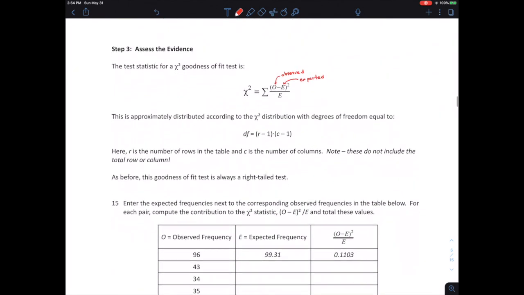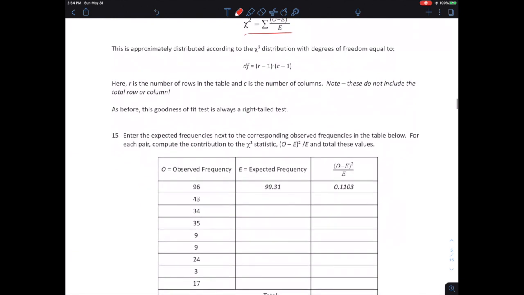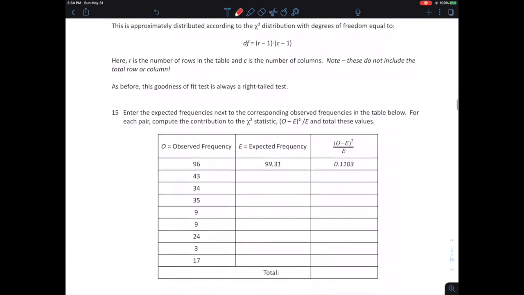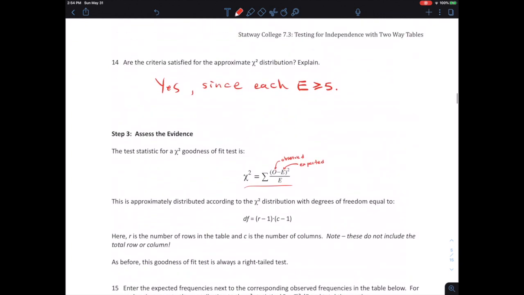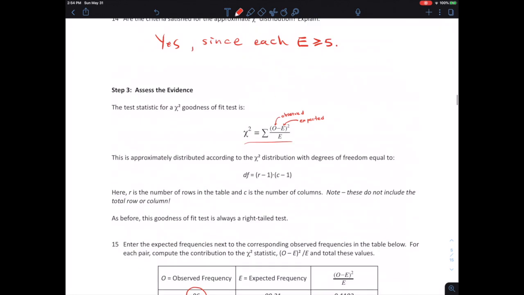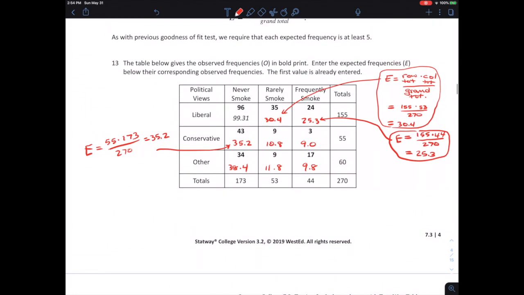Next we have to do our chi-square statistic. What we want to do is copy over our expected frequencies from the prior table. The first 3 numbers here in the expected frequencies make up the first column of the table. So the 94, 43, and 34 are from this column of the table.